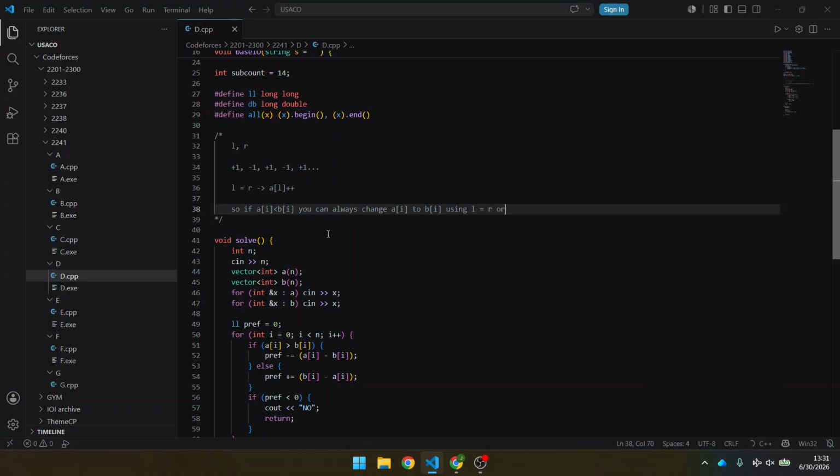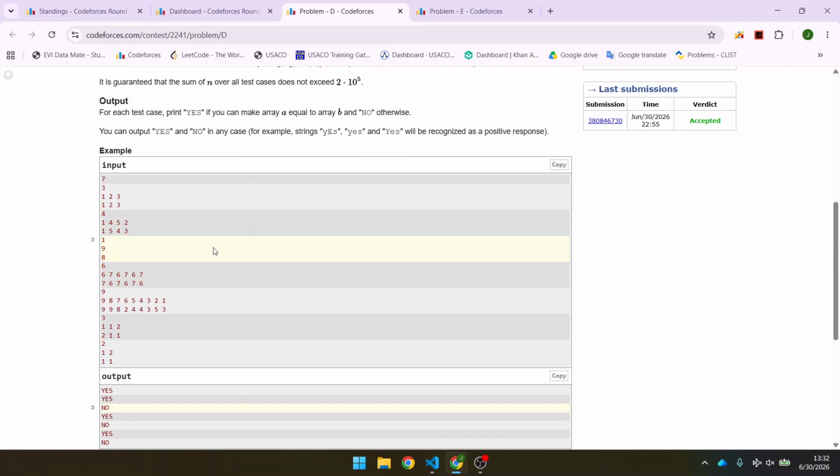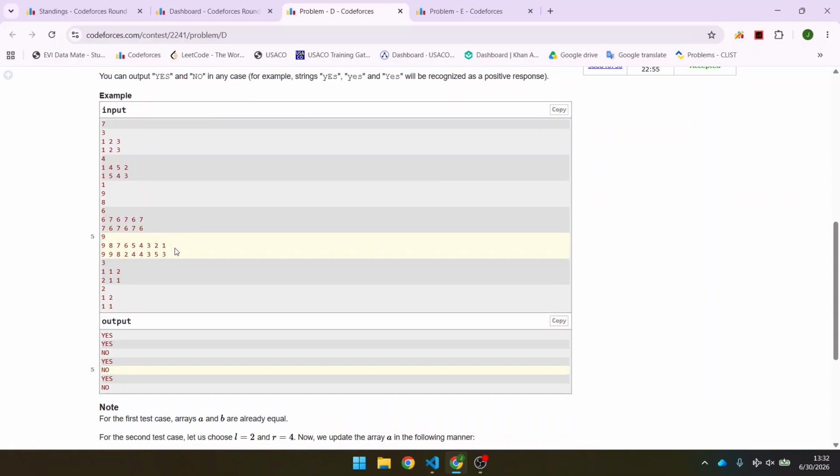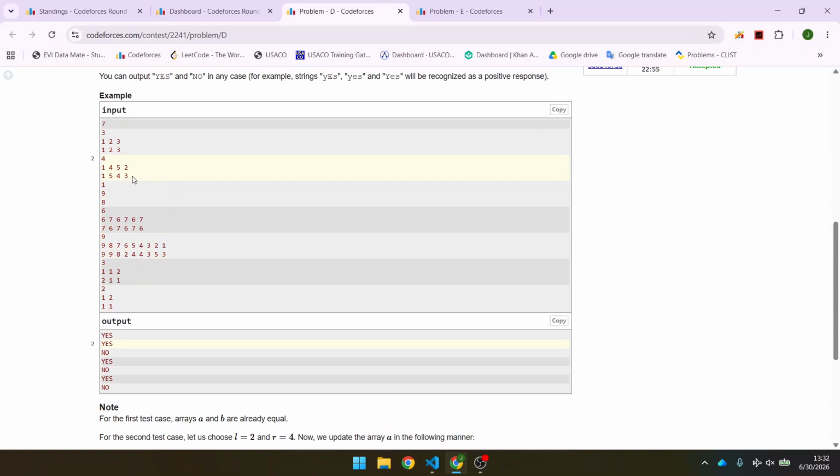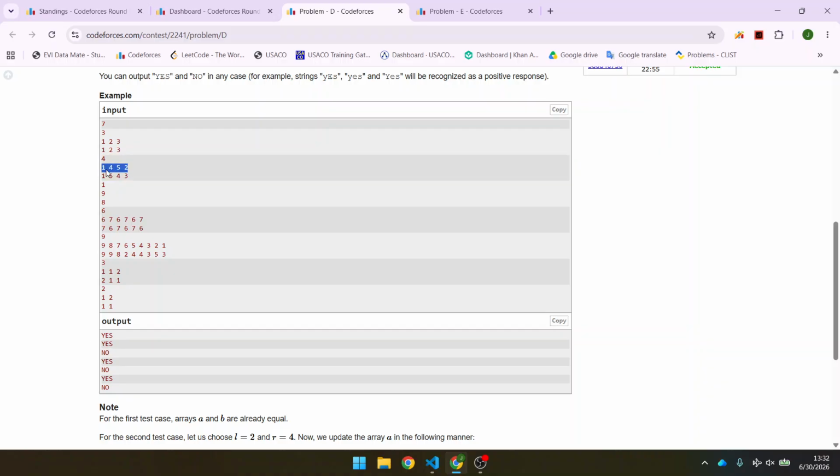No. You can use L equals R or L plus 1 equals R. So basically what I mean is, let's take, for example, this one.